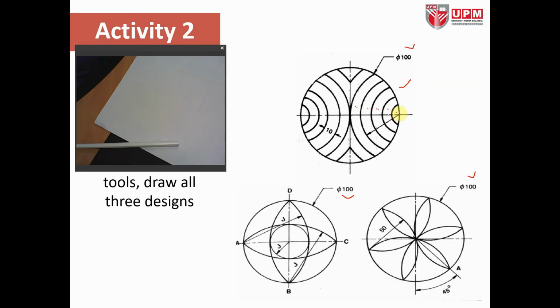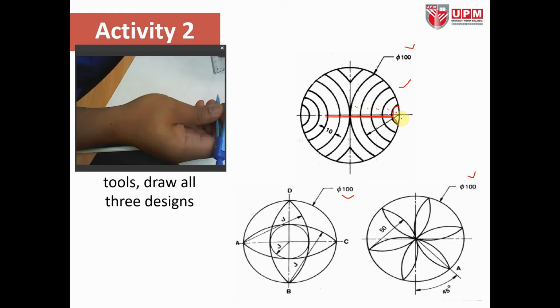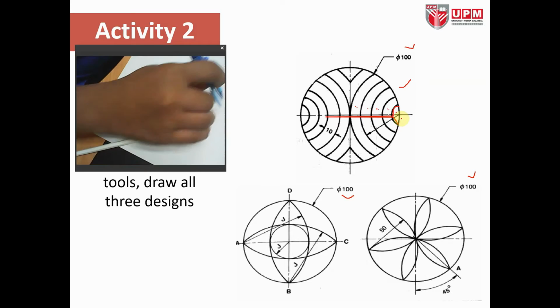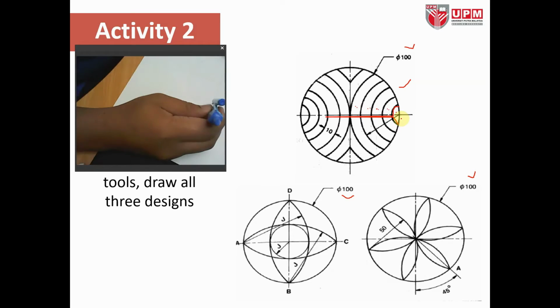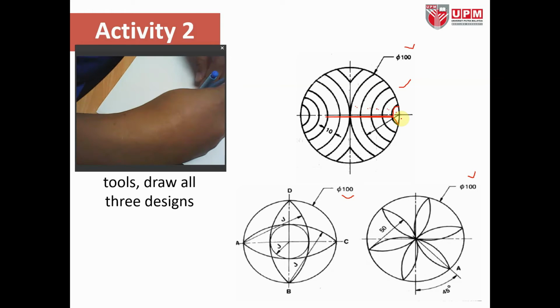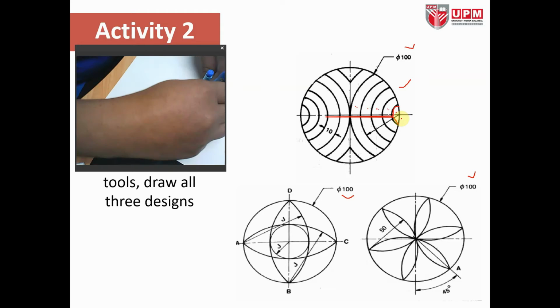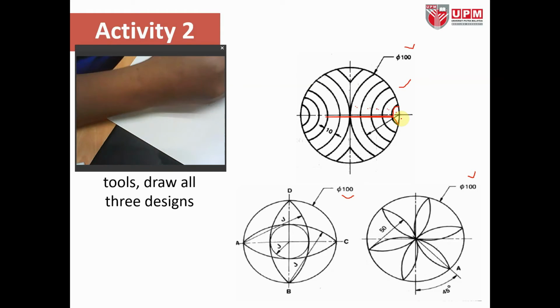So we're going to start with the first smaller circle here with a radius of 10 mm. Use the compasses and use the ruler to guide you. The first one will be 10 mm, and you can start from this side and then draw the first smaller circle, the 10 mm radius.